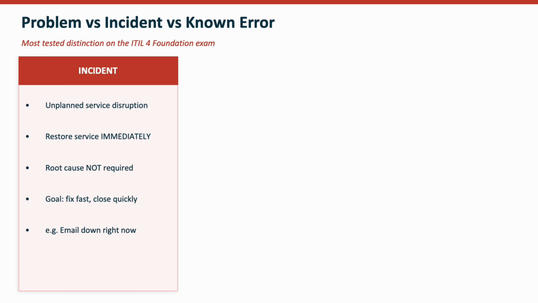When you get those incidents, it is the responsibility of the team to restore the service immediately. Root cause is not required, but the goal is to fix that service as soon as possible and give your user a nice stable environment to work in. So this is what an incident is known as.